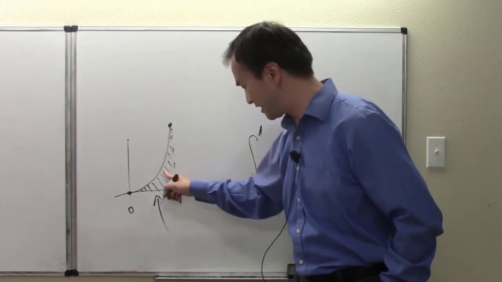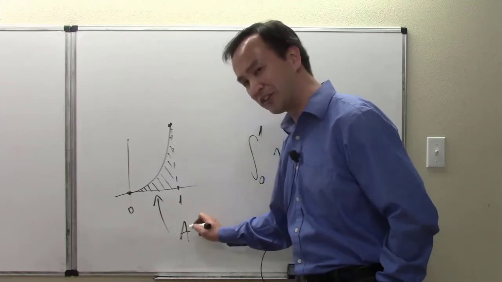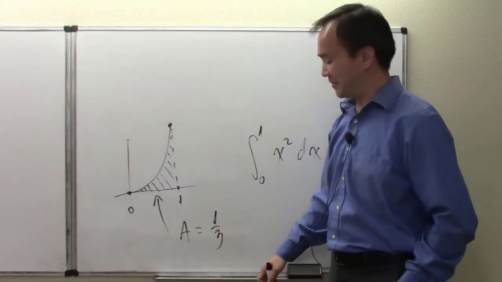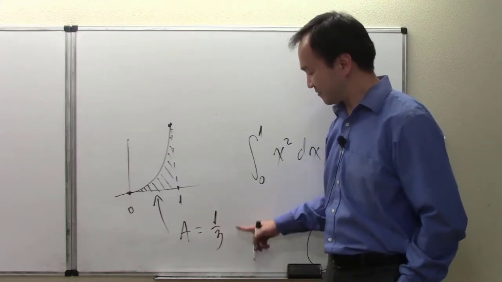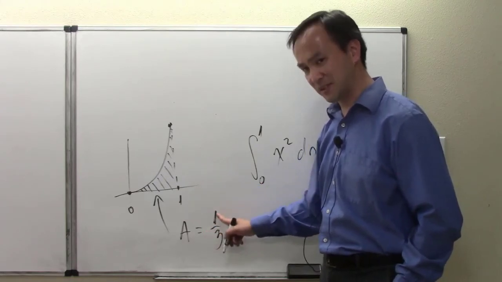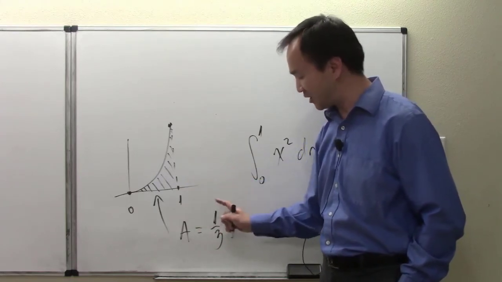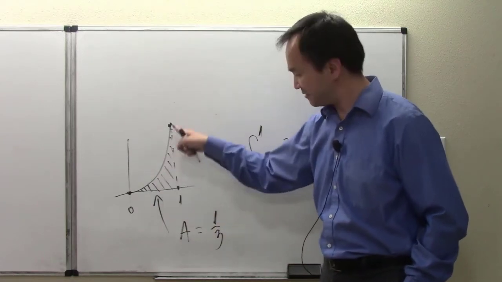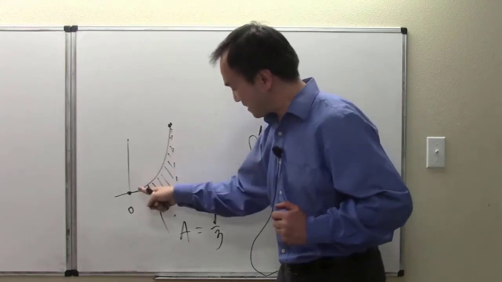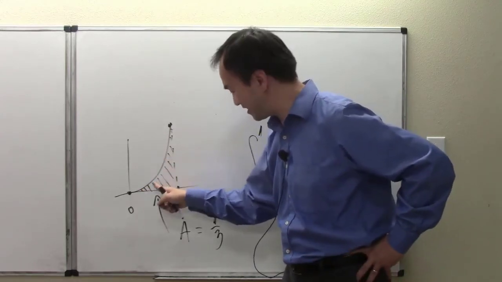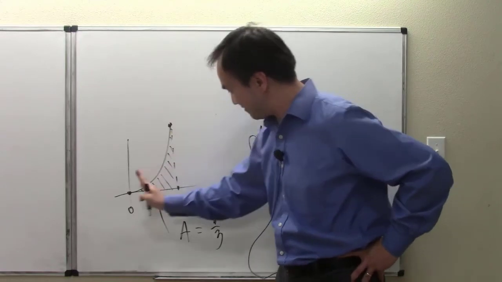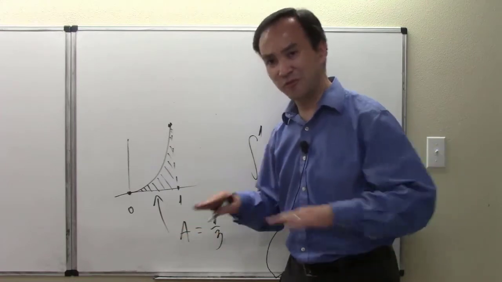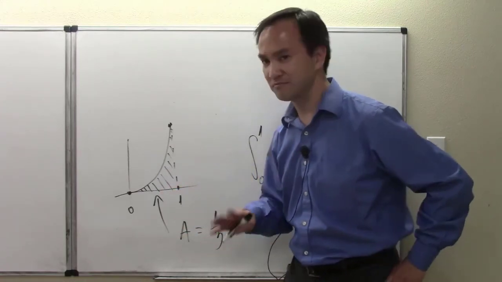Now, I did say clearly in some of the earlier video lectures that I knew the answer was 1/3. As a matter of fact, in the earlier part of this topic, indefinite integral, I said that the area underneath this parabolic curve, between the x-axis and the curve, inside the interval from 0 to 1, is 1/3. But when I stated it there, that was all I said.